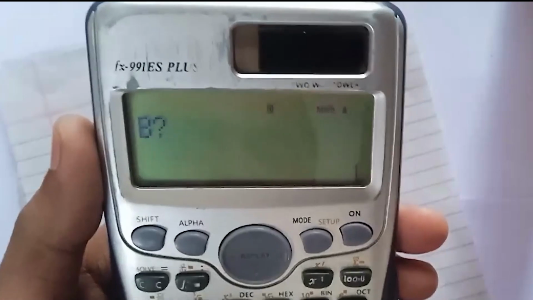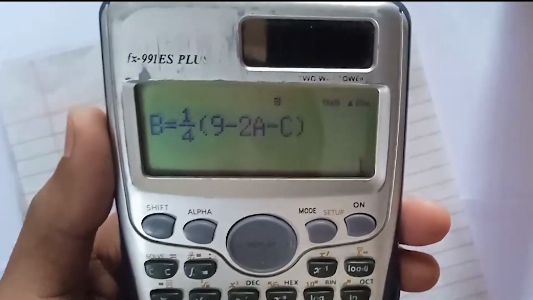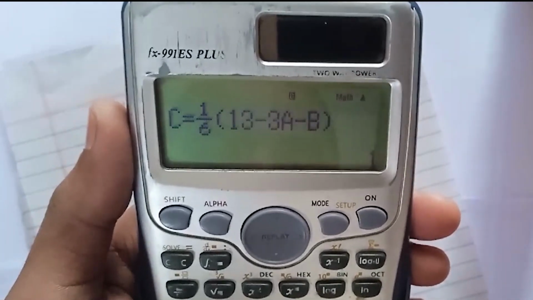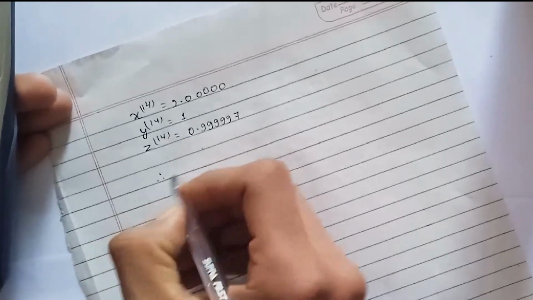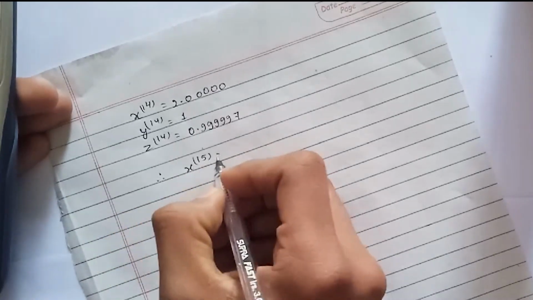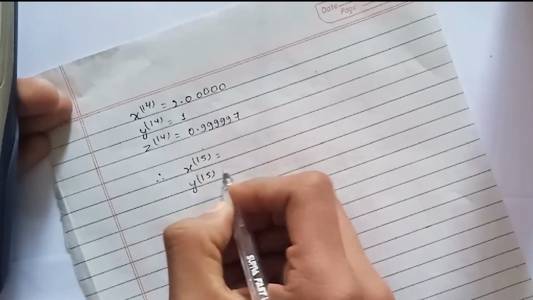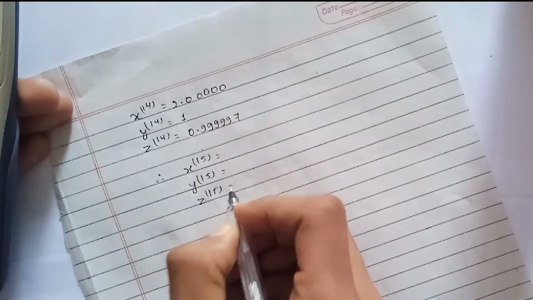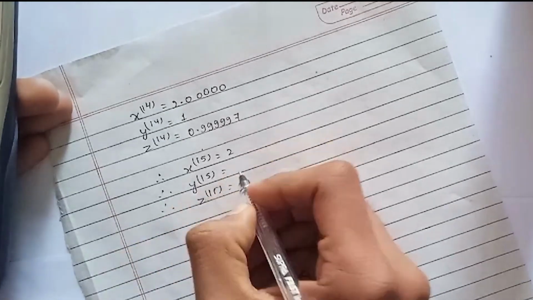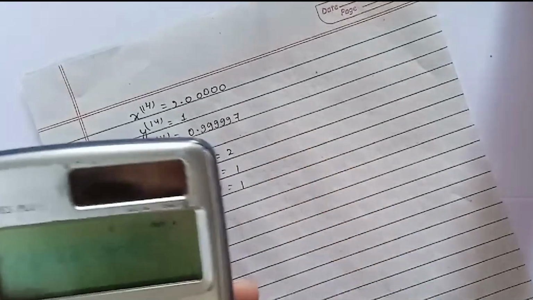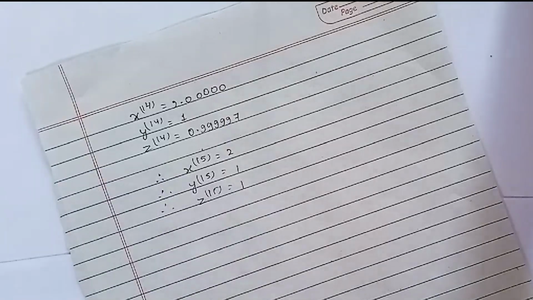For x at 15, 2, 1 and again 1. So the final value is obtained at x15, y15 and z15 as 2, 1, 1.